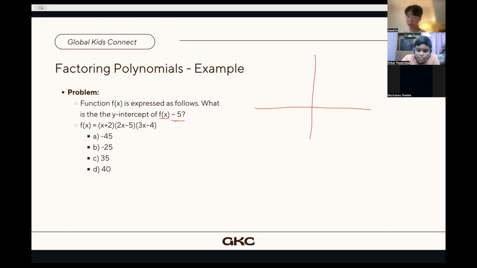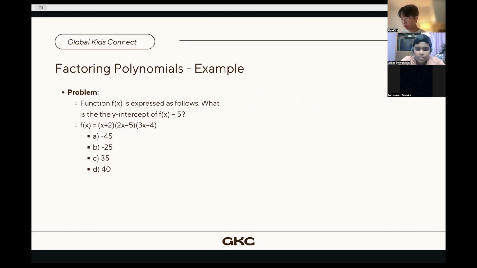For example, if we had a third degree polynomial that looked like this, and we added a minus 5 to it, we shifted it downwards by a magnitude of 5 so that we get a new polynomial that looks something like this. We'll take a look at why this might be.